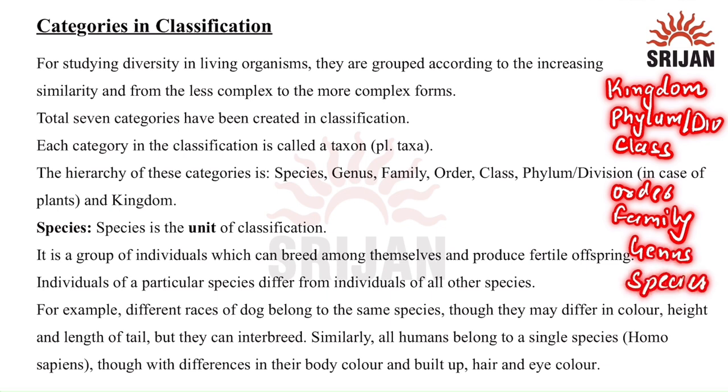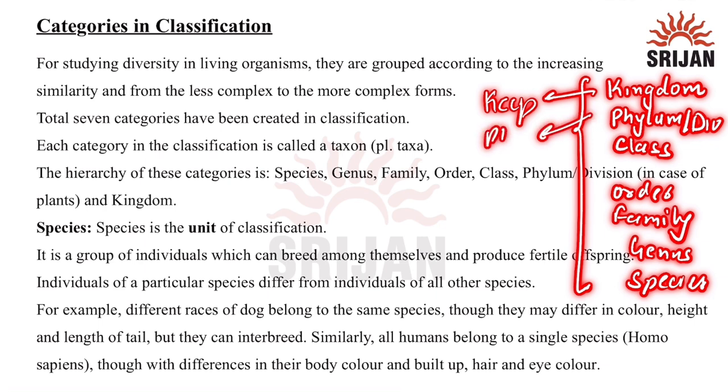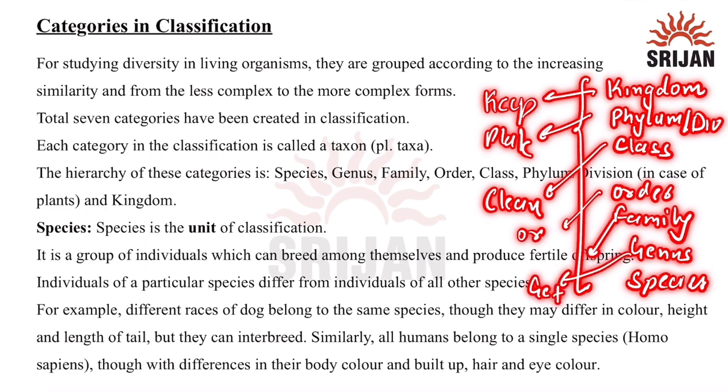Okay. Now for this we have to learn this. So there's a mnemonic for it. Keep, plate, clean, or family, get, sick. So this is how you can remember this.